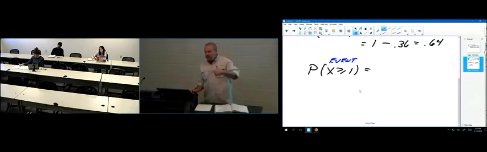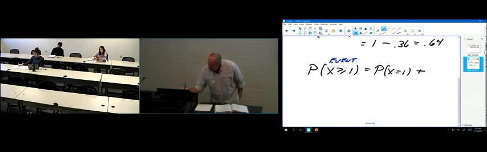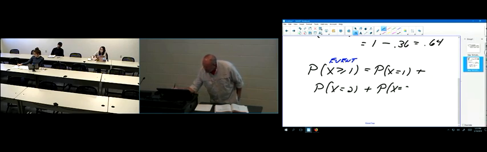Well, it could be 1, 2, 3, 4 or more, right? So I could be looking at the probability that X is 1 plus the probability that X is 2 plus the probability that X is 3 plus the probability that X is equal to 4 or more.